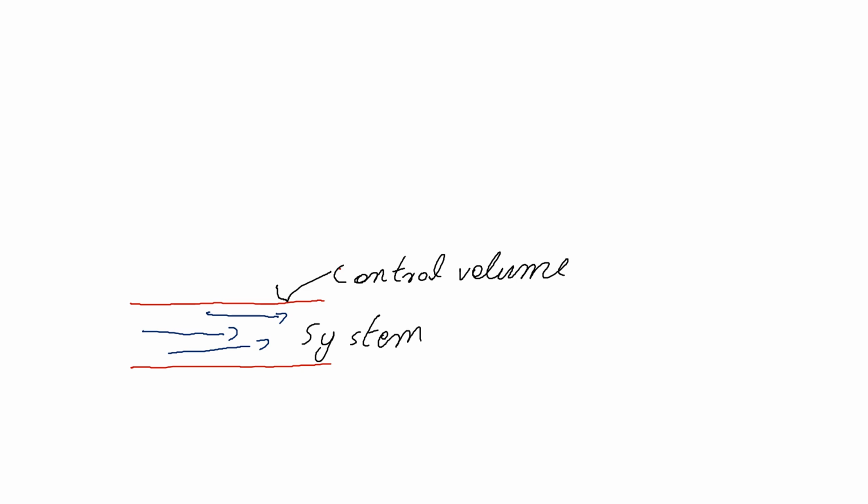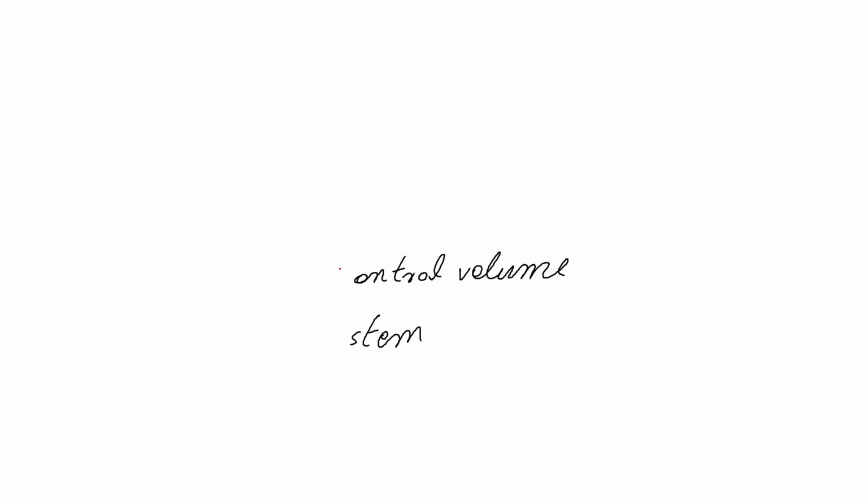Okay, so if I'm concerned with the flow in and out of the pipe, then I'm dealing with the control volume and system problem. I would like to divide this problem into two portions. One is my control volume, which is fixed, and the other is my fluid that is moving, and I'm calling this a system.